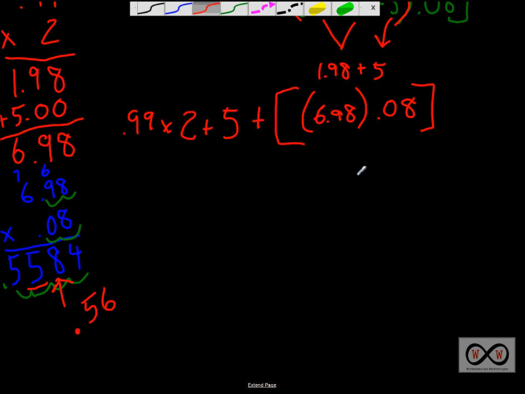So that represents our tax. So now, actually, let me use a different color. This, we multiplied 698 by 8%, and we got 56 cents. That would represent our tax for the 2-app purchase.